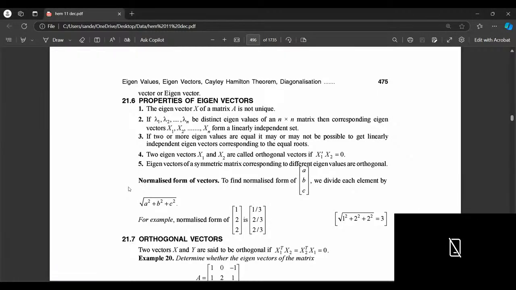First property: the sum of eigenvalues is equal to the sum of the elements of the principal diagonal, and that sum of the principal diagonal is also known as the trace of the matrix.